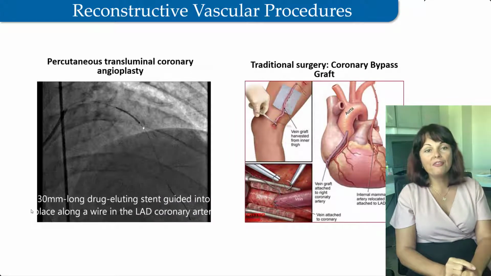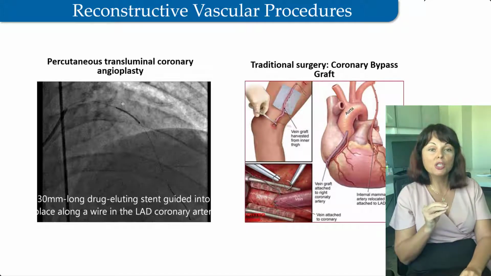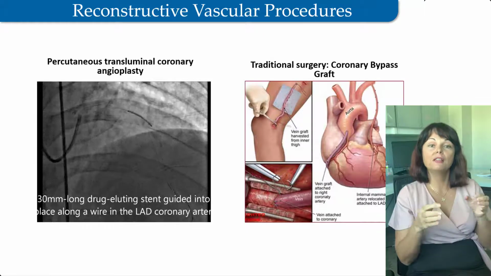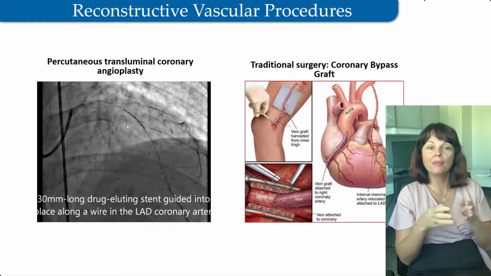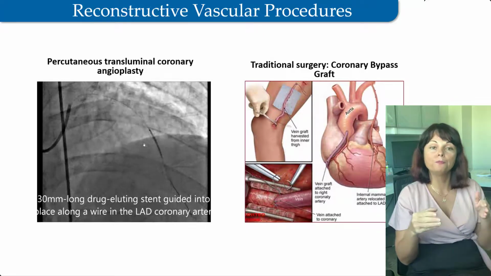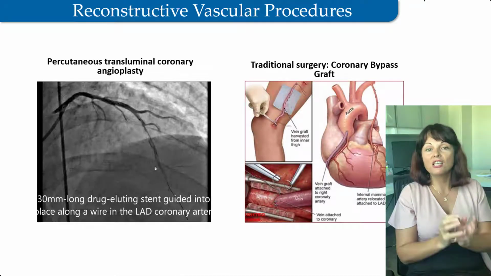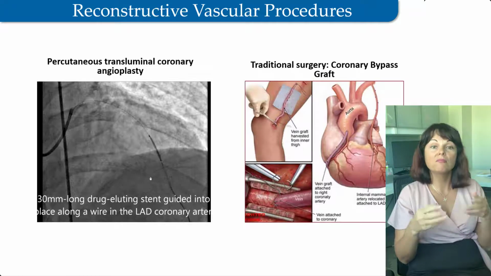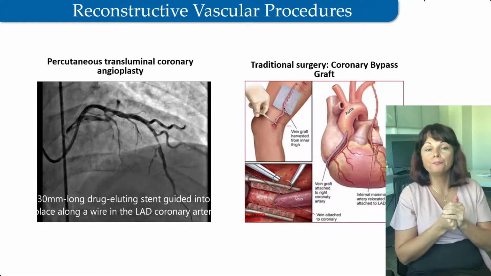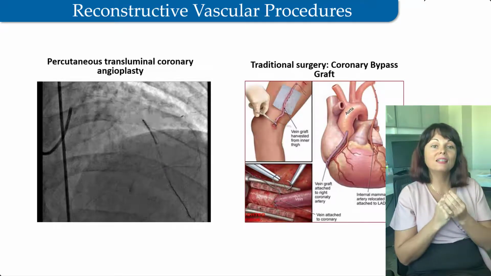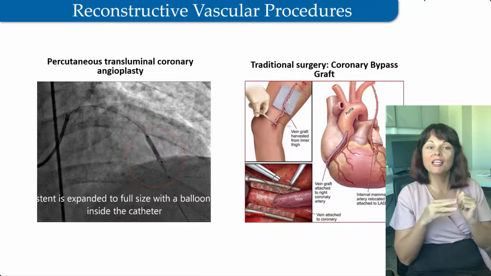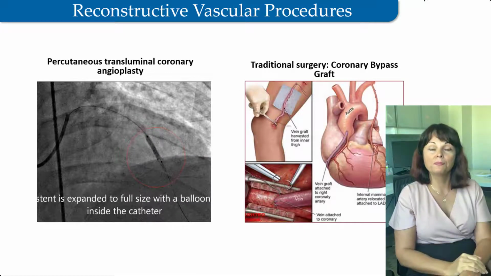When the catheter reaches the obstruction, the balloon is inflated, flattening the atherosclerotic plaque against the vessel's wall. The vessel is stretched to increase the size of the lumen, thus improving the blood flow. Alternatively, an intravascular stent may be introduced to maintain the dilation of the vessel.